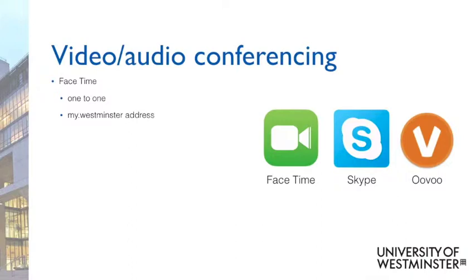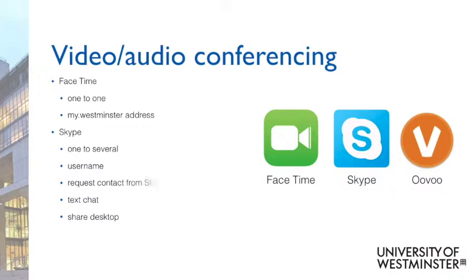The iPad uses your Apple ID for FaceTime, so this will be your my.westminster.ac.uk address. The second option is Skype. Skype allows you to make audio or video conference calls from one machine to another.